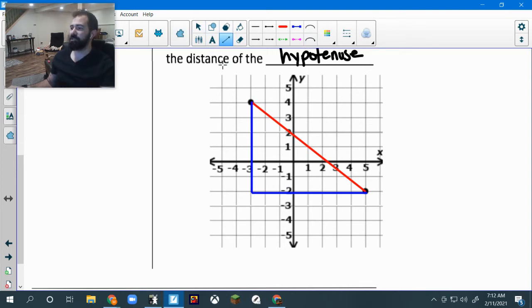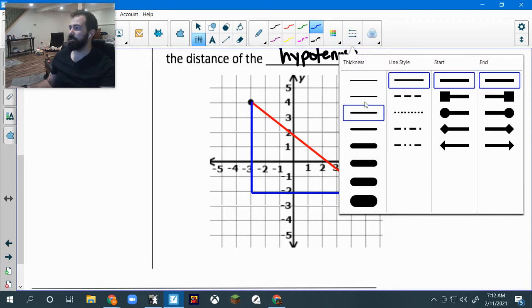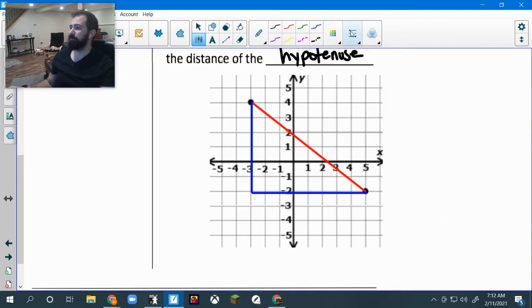Okay. Next, you want to count your change. Change in x is our left and right. So from this point to this point, this is always going to be a positive number because we're counting the distance between one thing or another. Again, we can't have a negative distance.